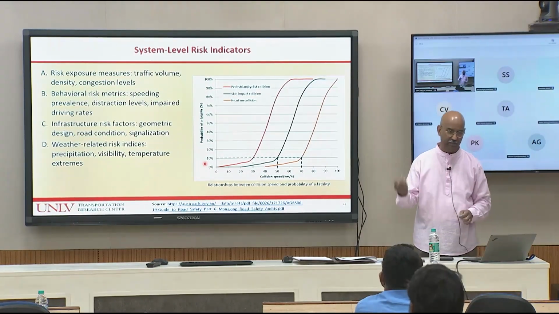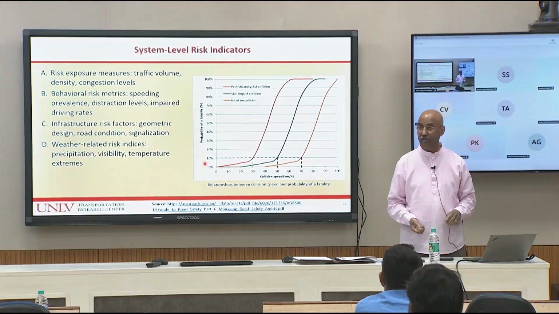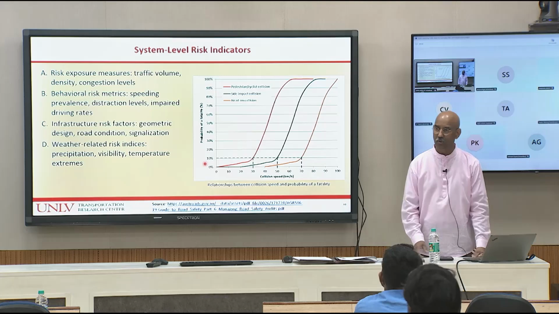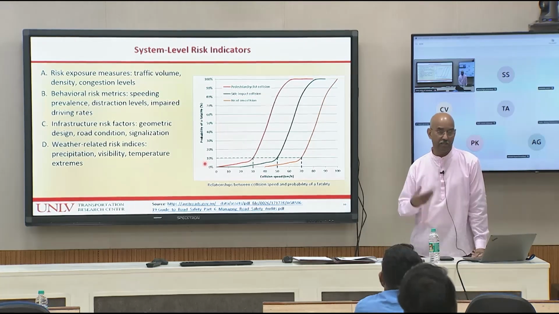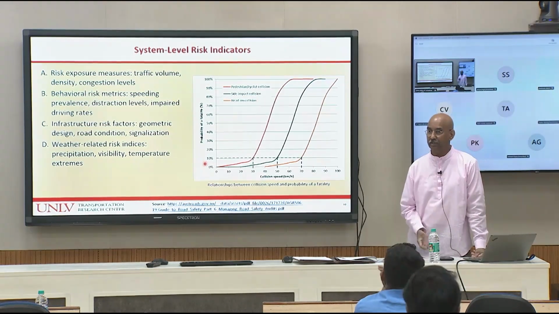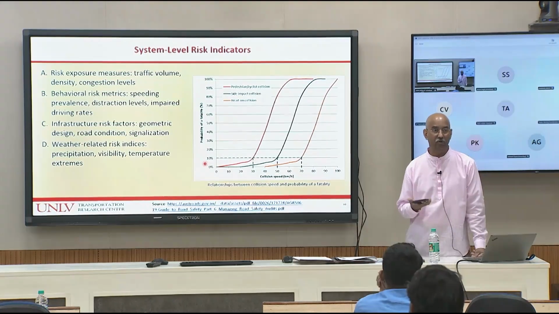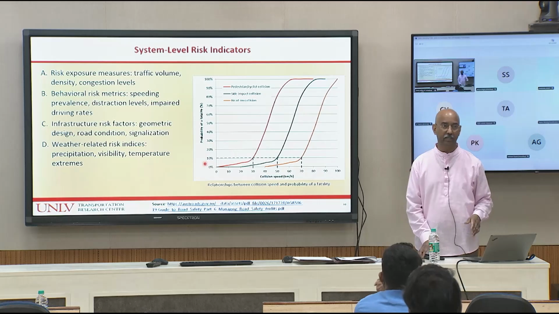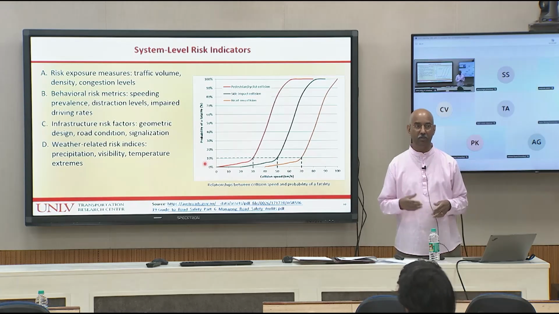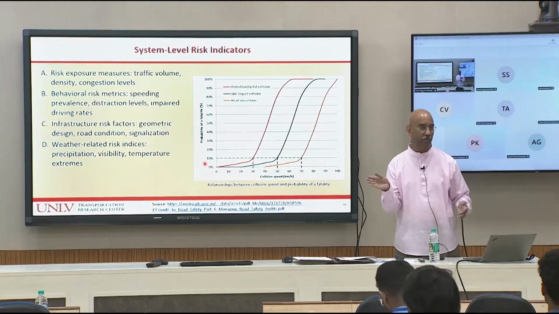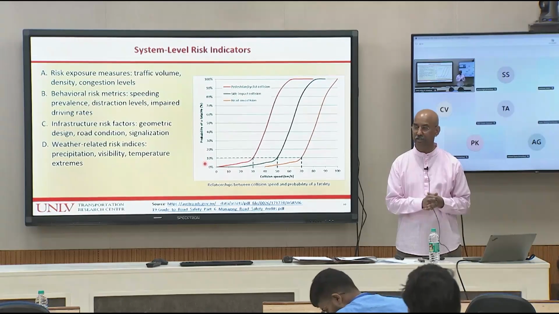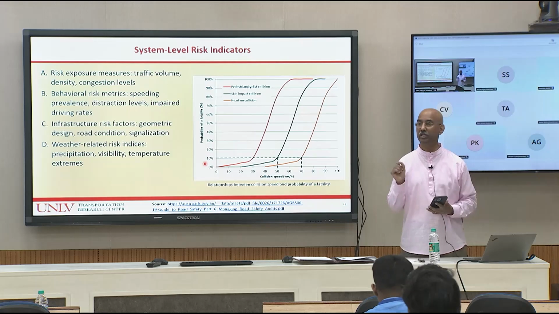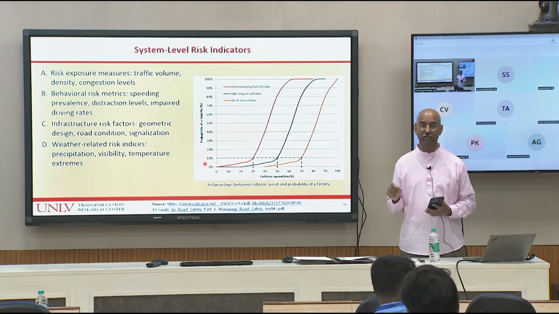Behavioral risk: speeding, distracted driving. One of the advantages, and I will show you tomorrow, is that some of the vendors I have been interacting with in the last 2 years use mobile phone technologies to discern a lot of things that I've mentioned in the last 2 days, including abrupt braking, lateral and longitudinal acceleration and deceleration. But they are also able to discern: is somebody using a mobile phone when they are traveling?